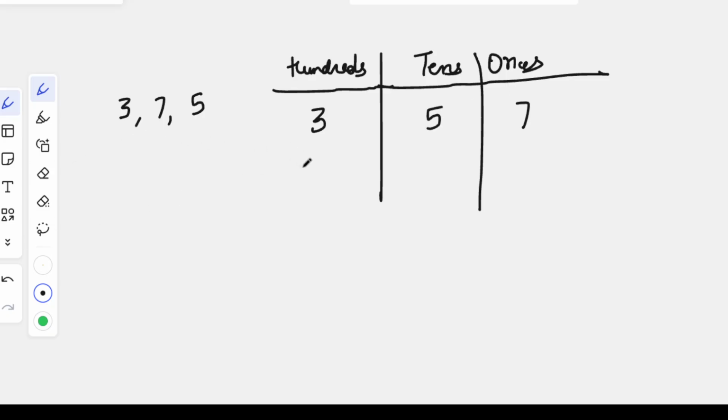We will write it here. So 3 will be multiplied by 100, 5 will be multiplied by 10, and 7 will be multiplied by 1. We get 300 plus 50 plus 7, which gives us 357. Okay, this is the smallest three digit number we can make using these three digits.